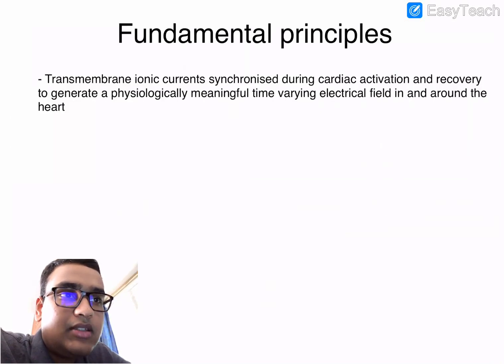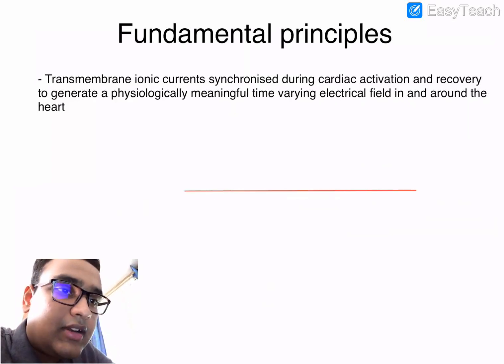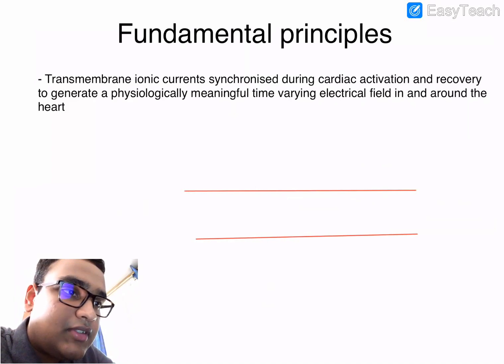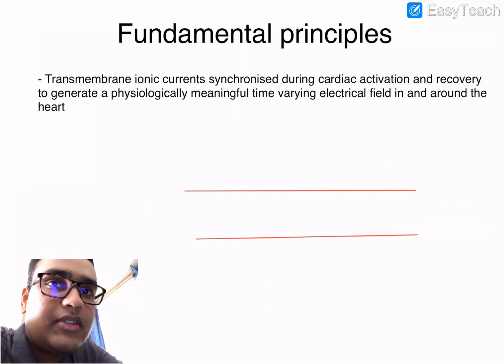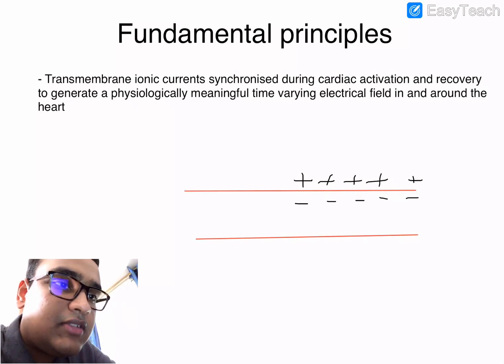So ECG is nothing but the depiction of a complex electrical event which is happening in the cardiac muscle fibers. So as you all know, how the cardiac action potential is generated. So say this is the cardiac muscle fiber. Normally in resting phase, the positive charge is outside the cell and the negative charge is inside the cell.